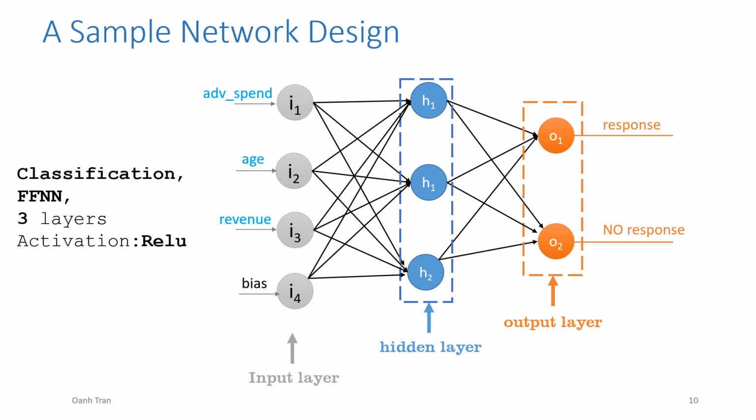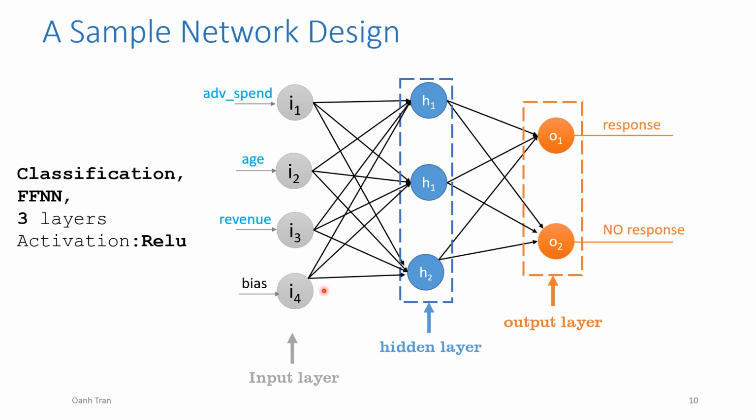Here's one possible solution, with three layers: input, hidden and output layers. Here the input and output layers are mandatory, and the hidden layer might be optional. For the input layer, because I have three input features, I design 1, 2, 3 neurons for capturing advertising spend, the age and revenue of the customers.